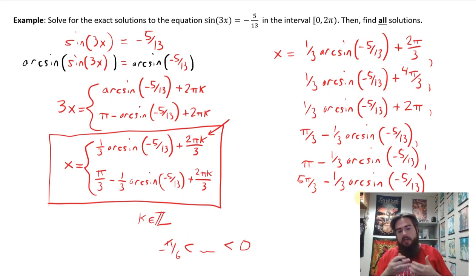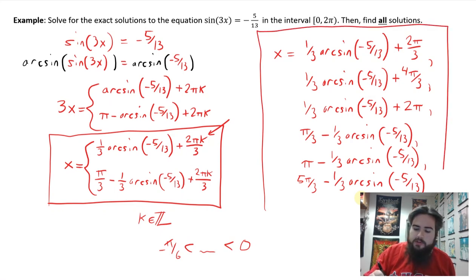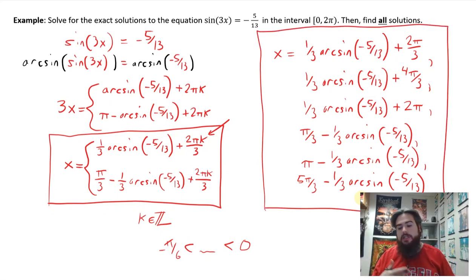Since it's a little bit larger, technically, than negative pi sixths, then when I combine that with 5 pi thirds, that's not going to nearly push me past 2 pi. So this should fit as well. You can use a calculator, though, to confirm that, particularly if you're still getting the number sense down. However, this should be my set of solutions that are all between 0 and 2 pi.